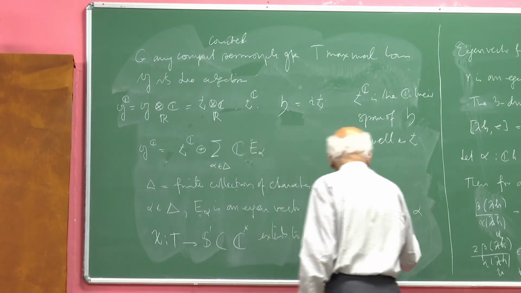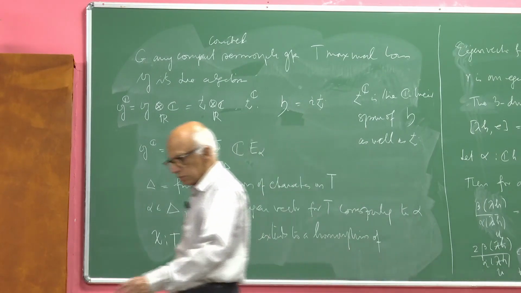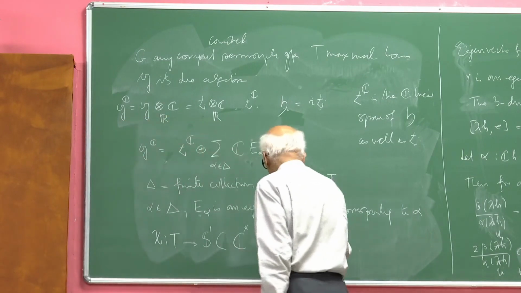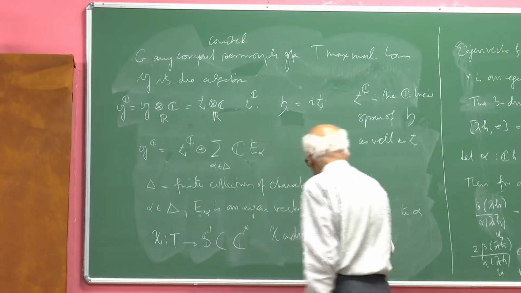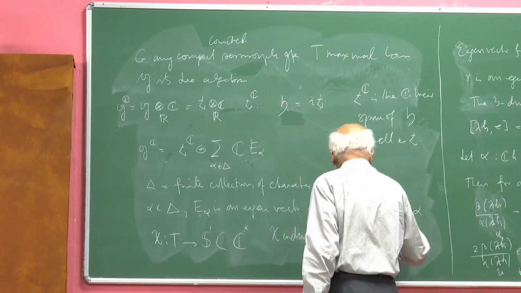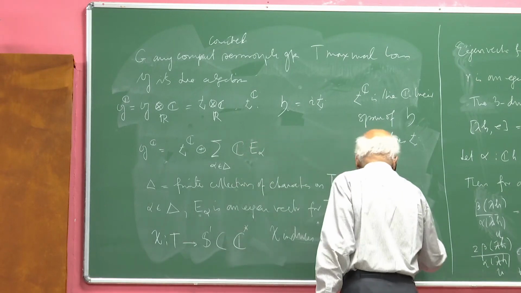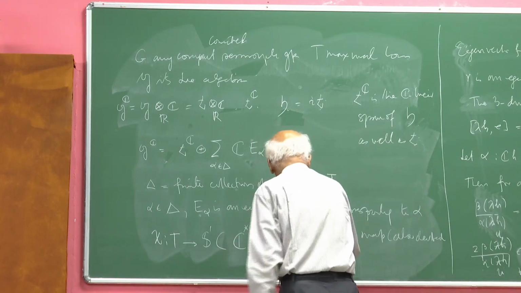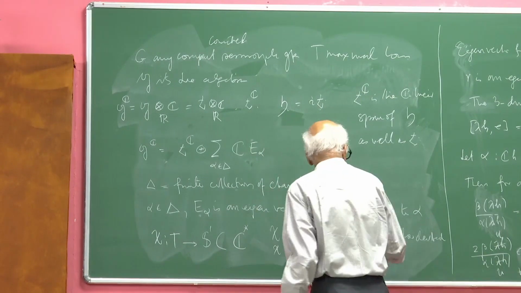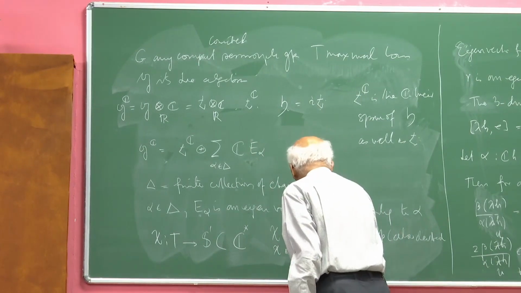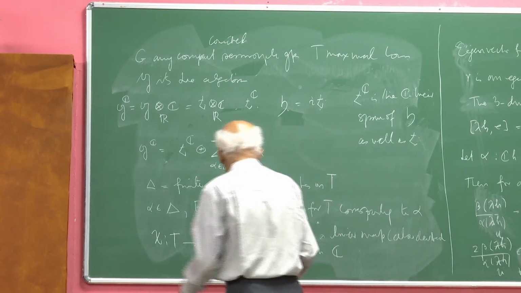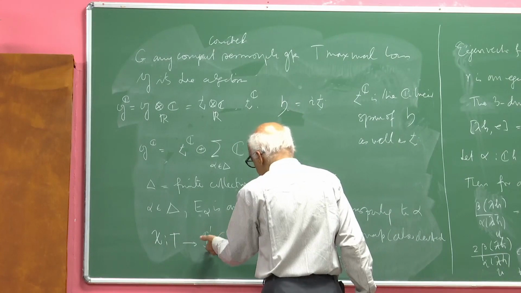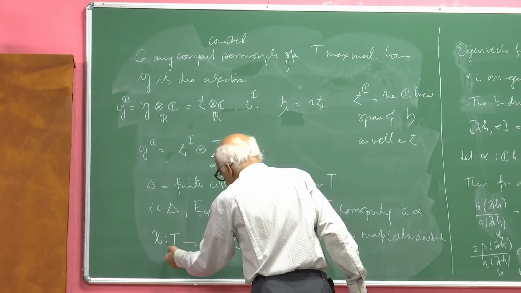No. If you have such a thing, chi induces a linear map, again also denoted chi, of the Lie algebra of T into C. Whenever you have a homomorphism of the group into the circle group, that is the corresponding Lie algebra homomorphism from the Lie algebra of T into the Lie algebra of the circle.